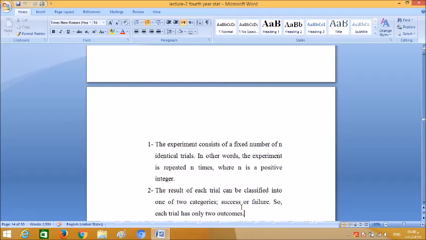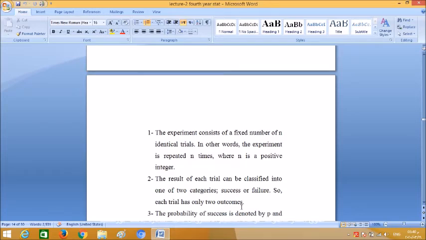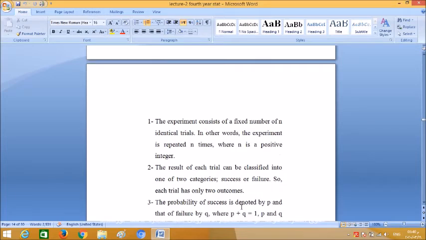So it's possible to reach one of only two outcomes, success or failure, right? The probability of success is denoted by P, and that of failure denoted by Q, where P and Q equal 1.